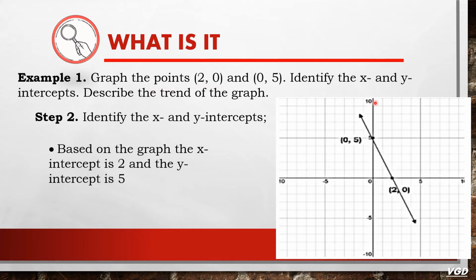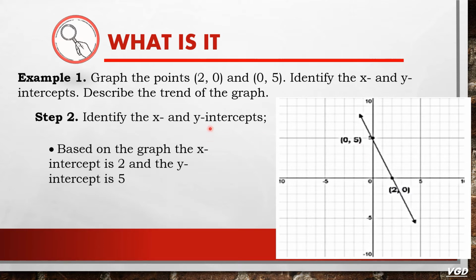And this time, we're going to identify the x and y intercepts. Even if we haven't graphed yet, we can already know the x-intercept and y-intercept. But based on the graph, the x-intercept is 2, so here, and the y-intercept is 5.